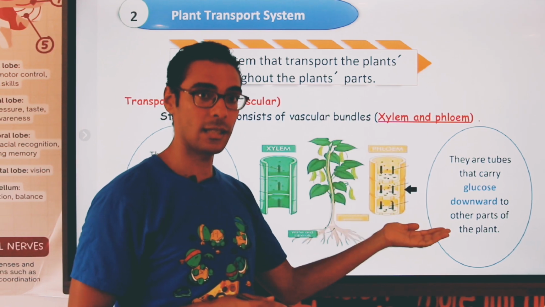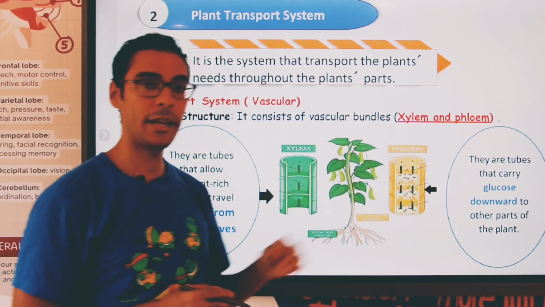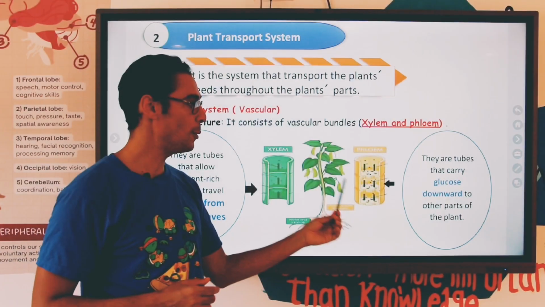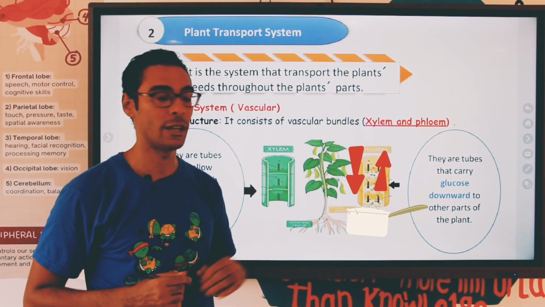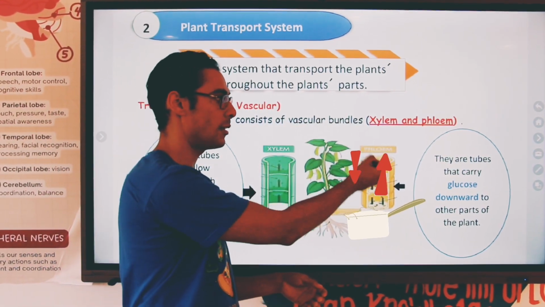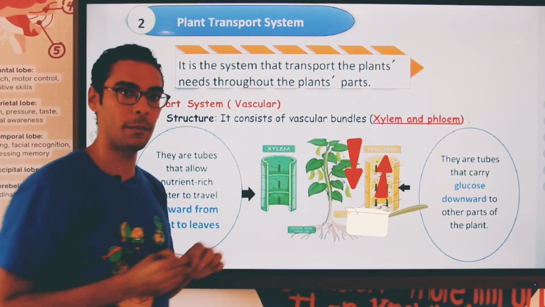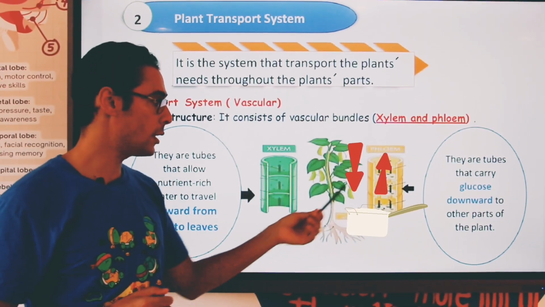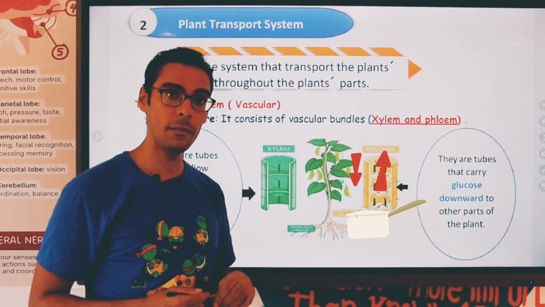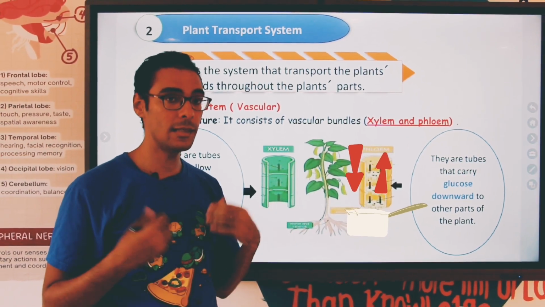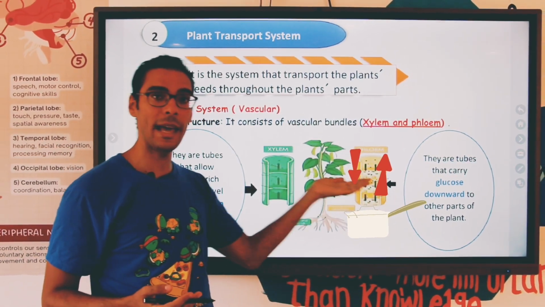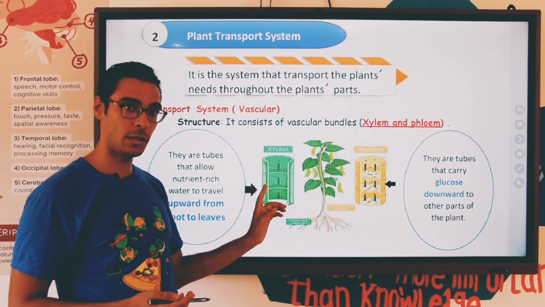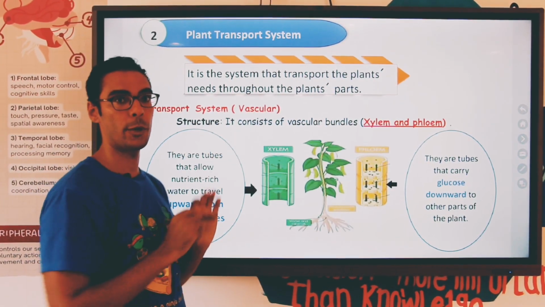Phloem also exists inside the stem, but the direction and the material delivered by the phloem are different. Phloem is not for water. The phloem delivers the food that is created by the plant leaves all over the plant parts, and the food moves within the phloem upward and downward. That's the main difference between the phloem and the xylem. Xylem is for water only, and the distribution is upward only.